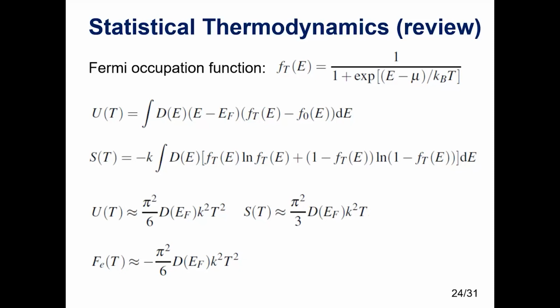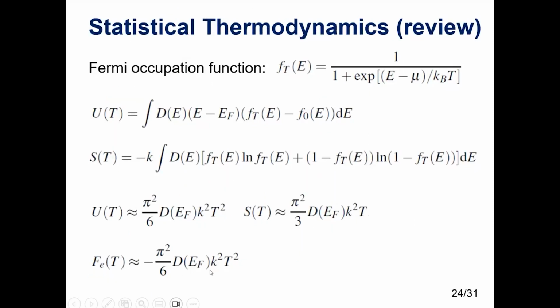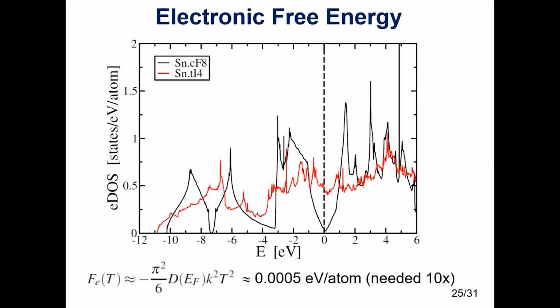And then another factor of kT tells you how far above the Fermi energy you can put it. Okay, so that's why it goes like kT squared. And we saw that this electronic free energy is proportional to the electronic density of states. So it will favor phases that have a relatively high electronic density of states. So let's look at the electronic density of states.